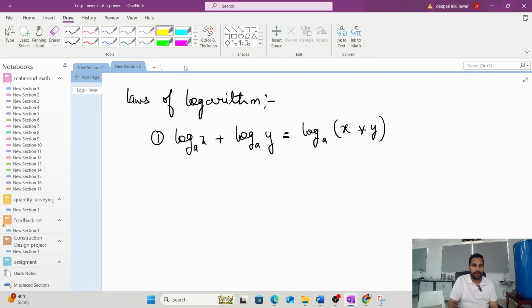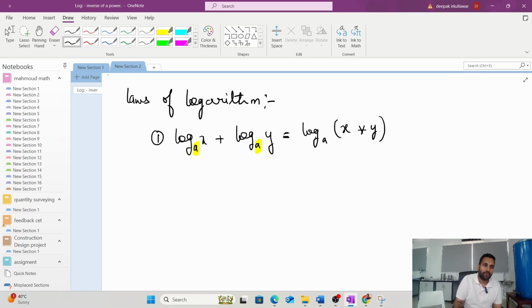Remember, here your base should be the same in order to perform this operation. So whenever you add up logs, you can do it by multiplication. That is, log base a of x plus log base a of y is nothing but log base a of x times y. Remember, the base should be the same to perform this.